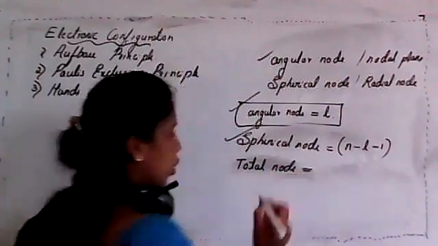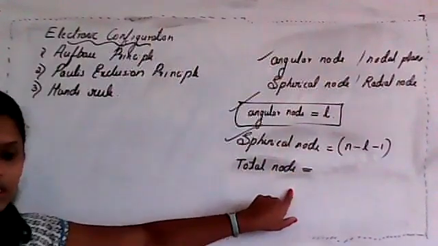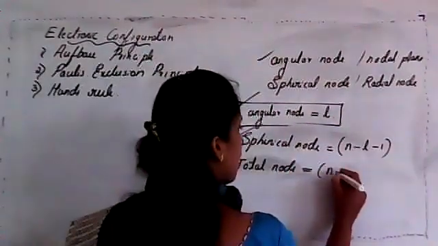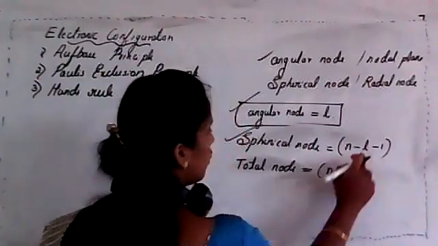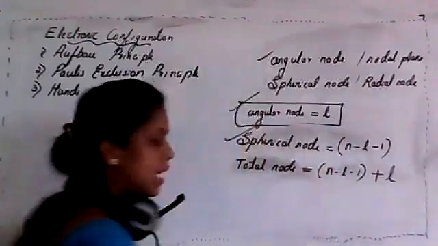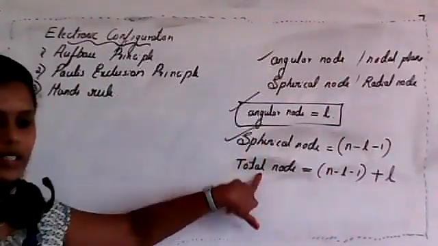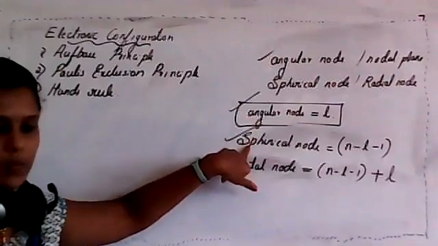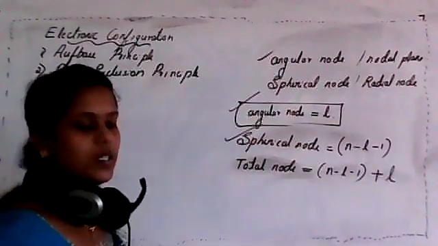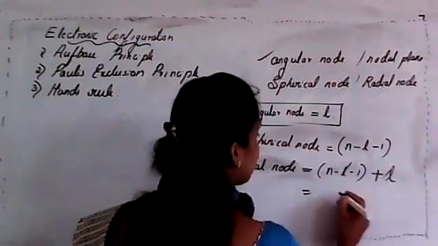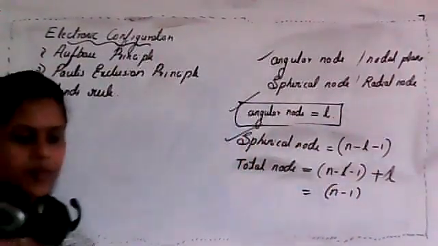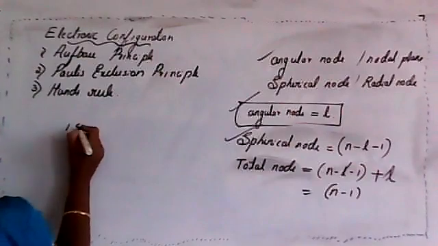Total node equals spherical node plus angular node. Clear? Total node is the summation of angular node and spherical node. So that is n minus L minus 1 plus L. What is the final formula? L gets cancelled, so that is nothing but n minus 1. Clear?